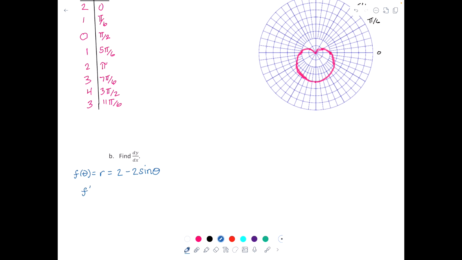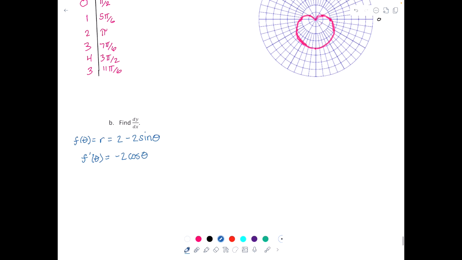So f prime of theta is what? Beautiful. It's going to be negative 2 cosine theta. So remember that dy dx is equal to f of theta times cosine theta plus f prime of theta times sine theta. And we derived these above.